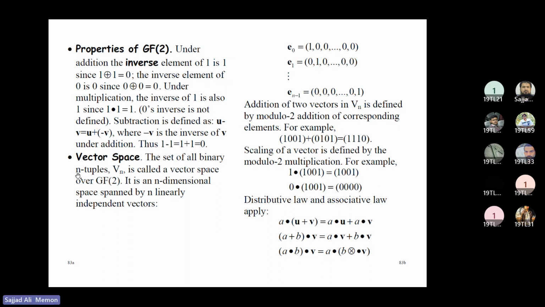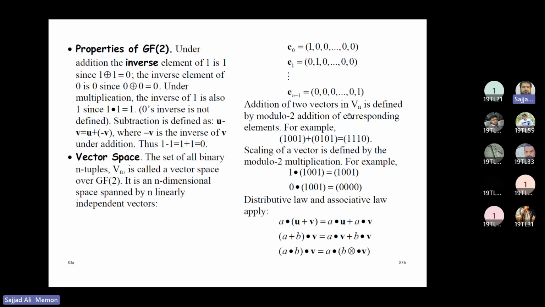In that case, all binary 3-tuples will range from 000 to 111, so that will be 8. That set will be called Vn, and it is called a vector space over Galois field 2. It is an n-dimensional space spanned by n linearly independent vectors, so all vectors in it are different from each other, like you can see here from e0 to Vn minus 1.